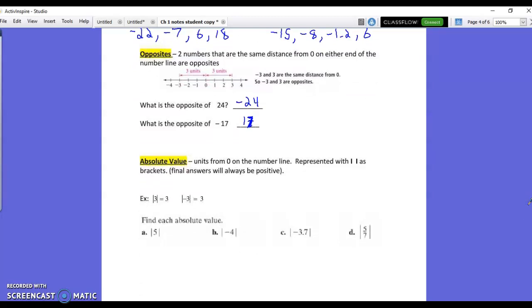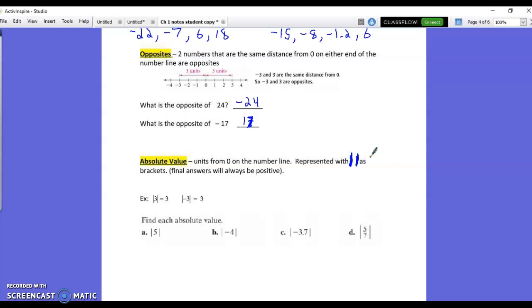Okay, absolute value. Instead of being the opposite, it's a little different. Absolute value is always the number of units away from 0 on the number line. So units are always represented as positive, and absolute values are represented with two straight lines as brackets.